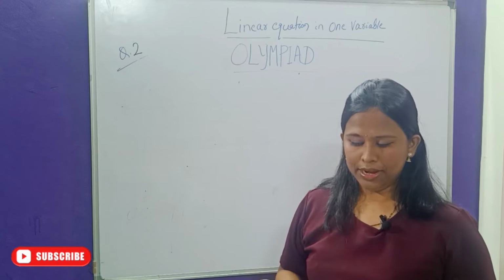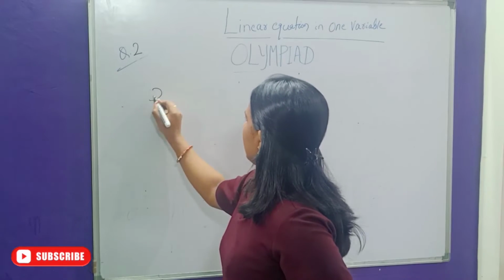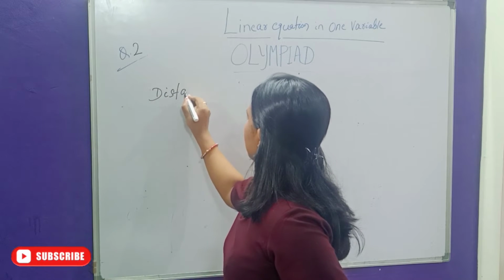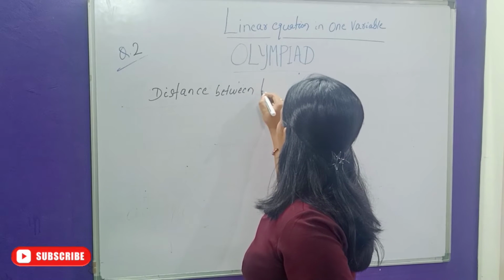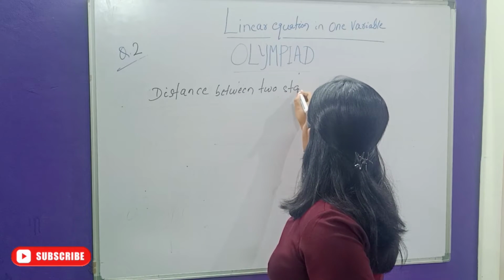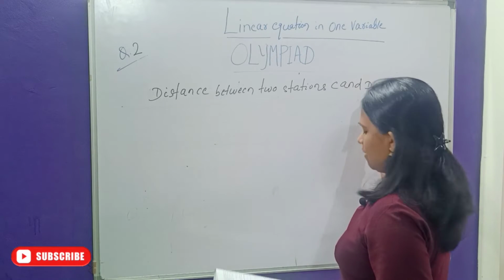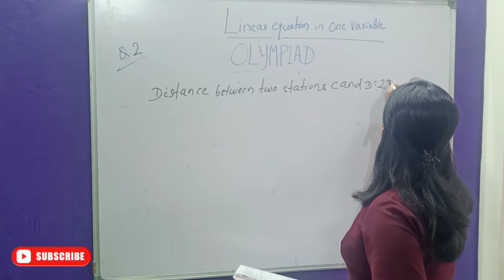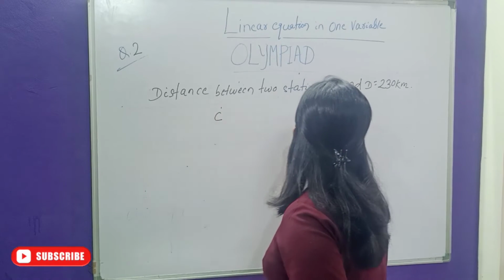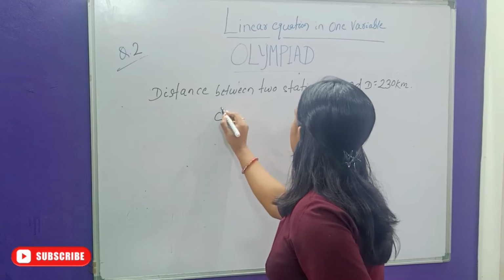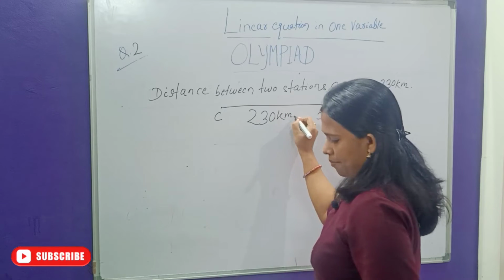The distance between two stations C and D is given in the question as 230 kilometers. Suppose this is place C, this is D, and the distance is 230 kilometers.